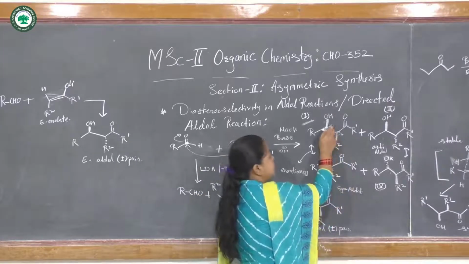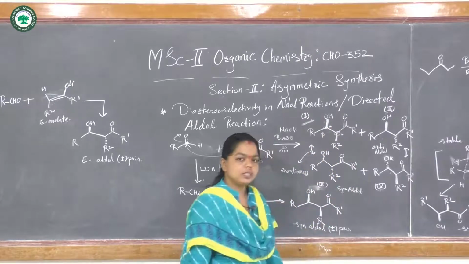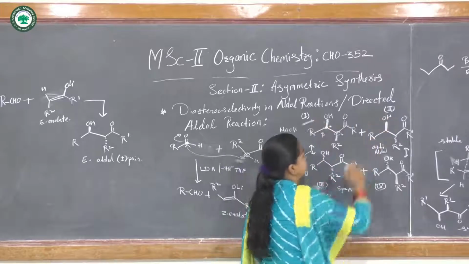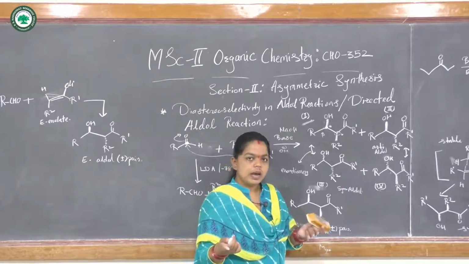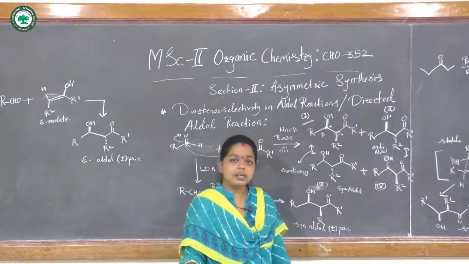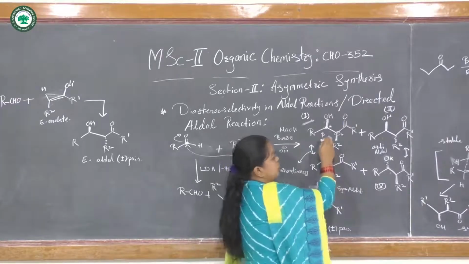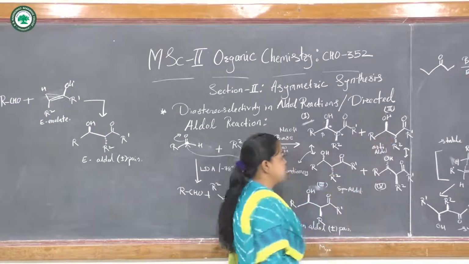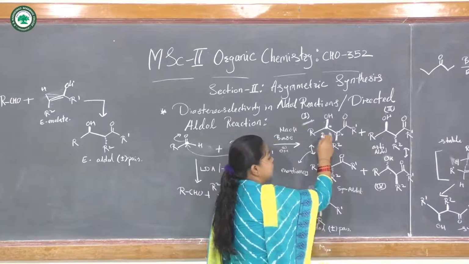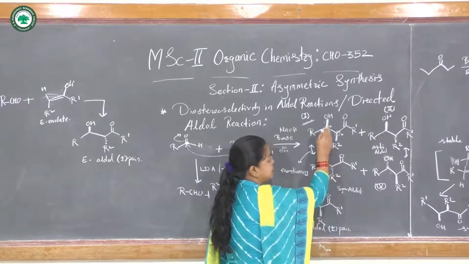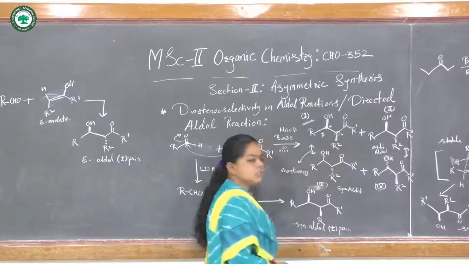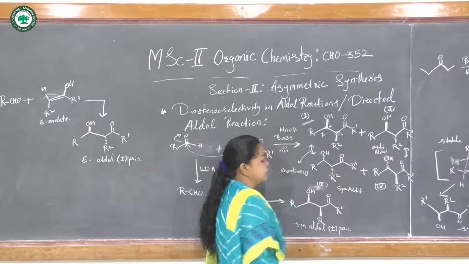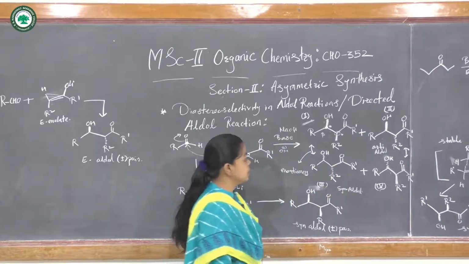Now they will exist as an enantiomeric pair. So these two, first and second, are the diastereomers, and again they will exist as their enantiomeric pairs. So we have to write the enantiomer for compound first and the enantiomer for compound second. The enantiomer is given as: here beta oriented groups are present in the syn diol, and here alpha oriented groups are present in this other enantiomer.